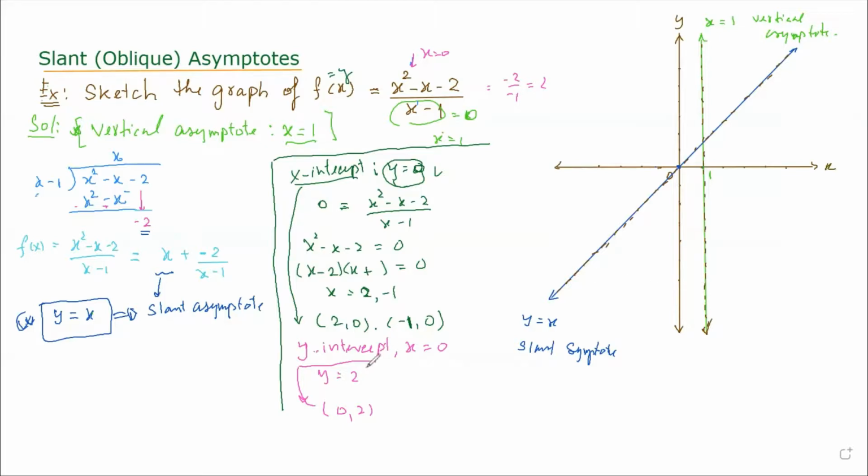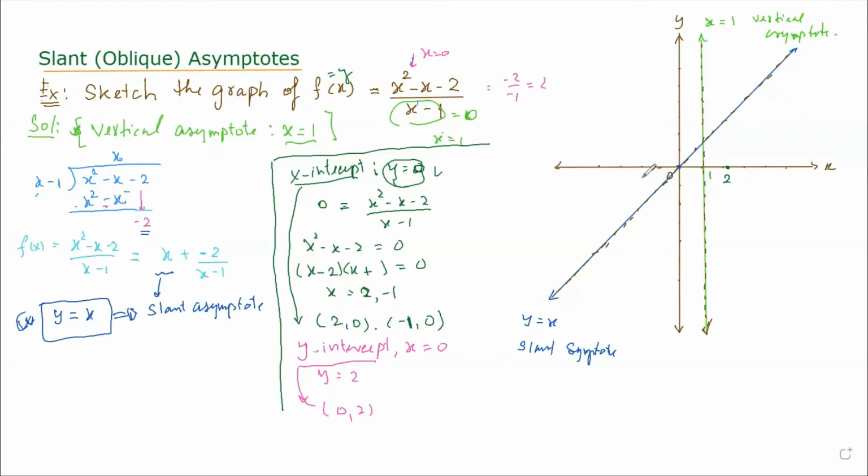Now we plot the x-intercept. The x-intercept is going to be what point? x 2, y 0, x 2 should be somewhere here, right? y 0, and -1 and 0. So -1 is some point here.